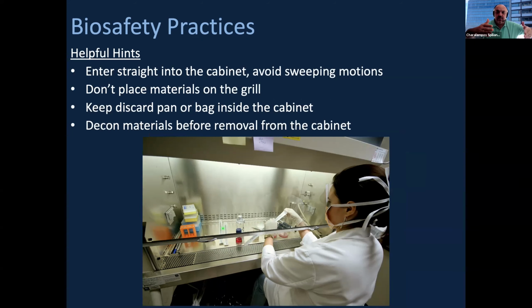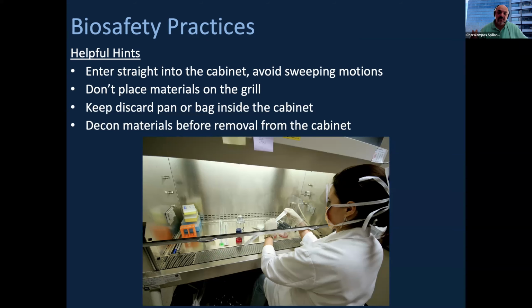When we enter the biosafety cabinet, we should go straight and avoid swiping our hands or our clothes on the grill. As I said, never put material on the grill. And it could be good to use a container where we dispose of contaminated tips or other material.